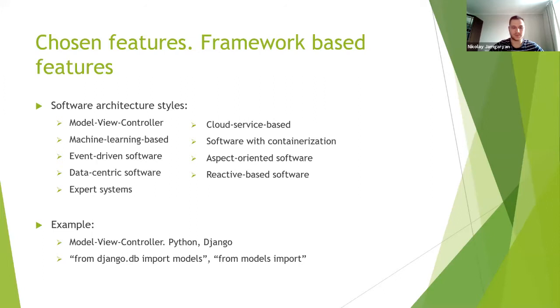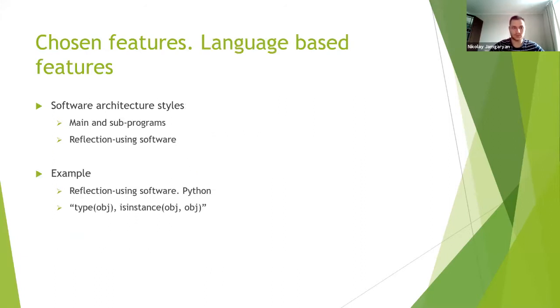Here you can see an example for model view controller with language Python and framework Django. And for the last two software styles, main subprograms and reflection using software, we created language-based features. That means that as features, we created some language constructions. Here you can see an example of reflection using software with Python language.